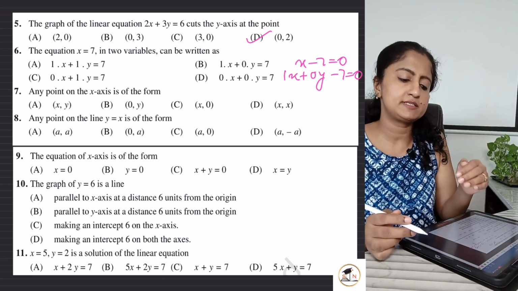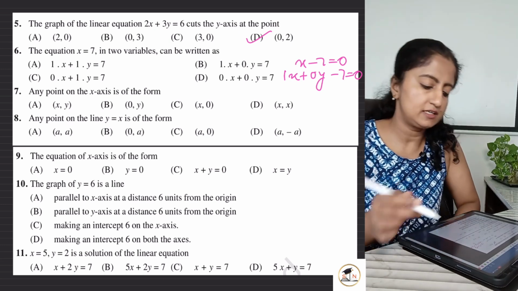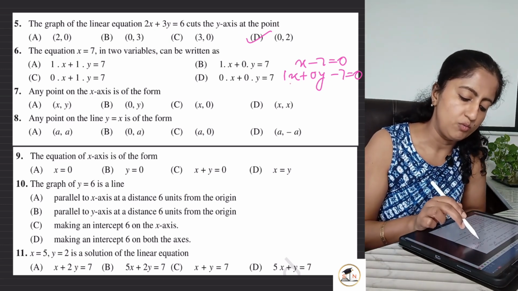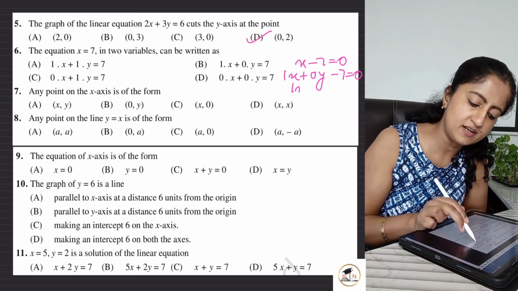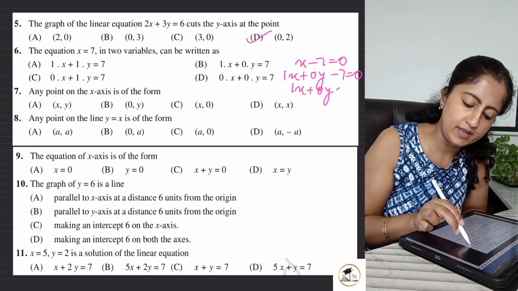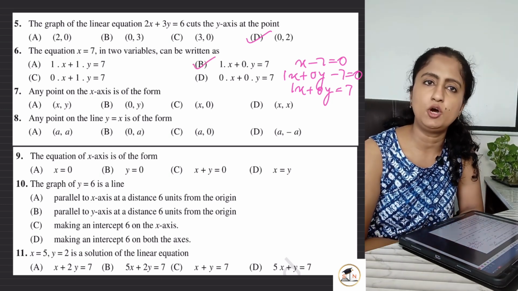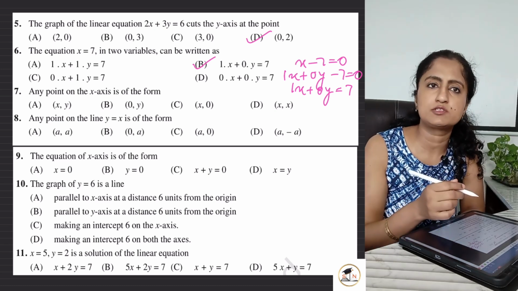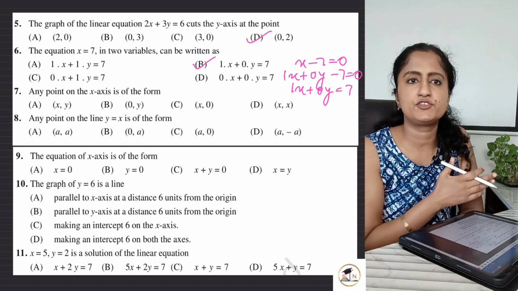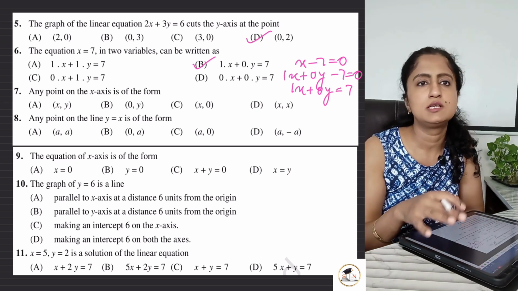I am doing step by step converting your x equals 7 in the standard form. Standard form में convert करके मुझे क्या मिल गया? 1x plus 0y minus 7, or we can still write 1x plus 0y equals 7, and that matches with the B option over here, right? अब इसी तरह से अगर मैं लिख देती y equals 7 तो आपका x का कोएफिशिएंट 0 हो जाता, right? Over here the coefficient for y was 0.